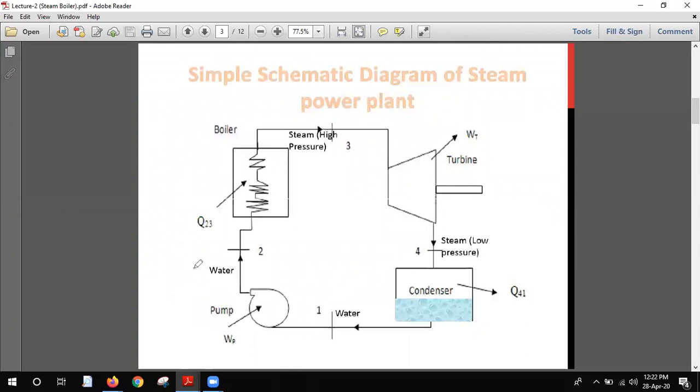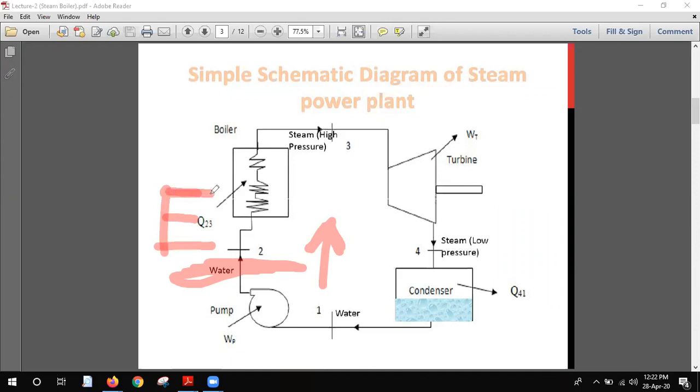The economizer is established between the pump and boiler. So when the water is going from pump to boiler, it goes within a chamber of the economizer where the hot flue gas is flowing, and the water is also flowing inside. We all know the water temperature is low, the hot gas temperature is so high, and the hot body transfers heat to the cold body.